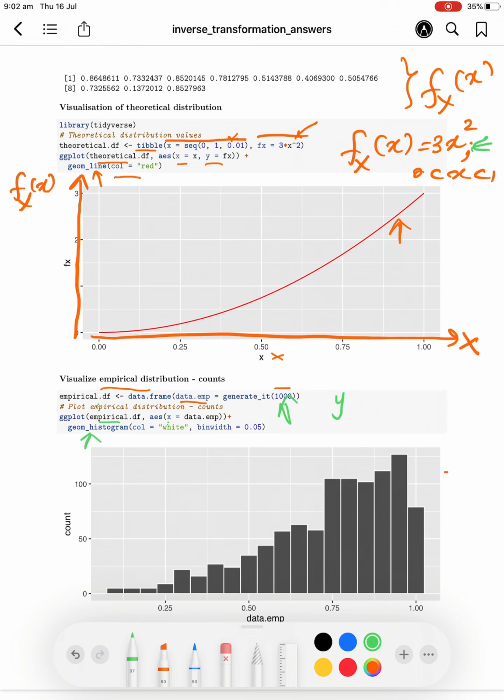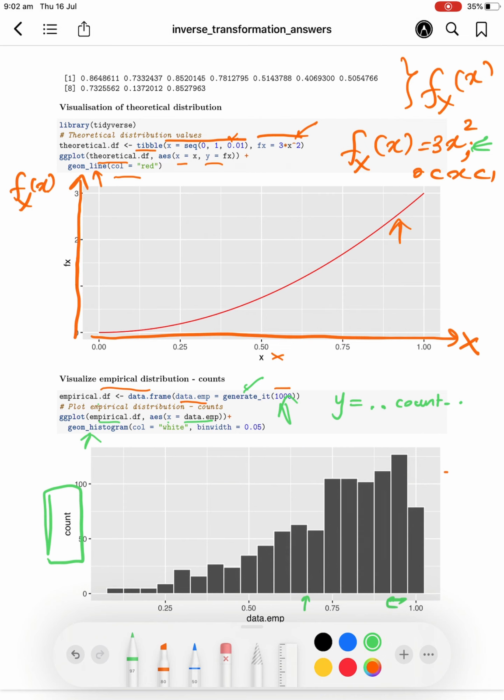In this case, I don't need to specify y. The default y variable is count. Now you can see you are getting counts here. So I use empirical.df, x is the values that we generated based on the function that we have written before, the color is white, and the bin width is 0.05.